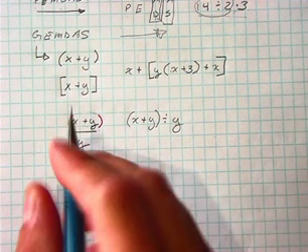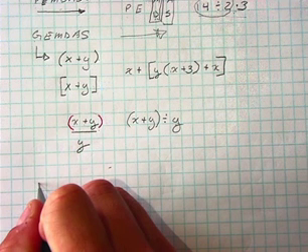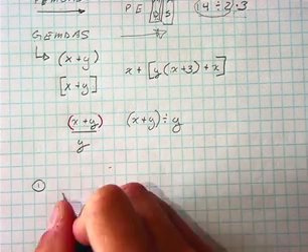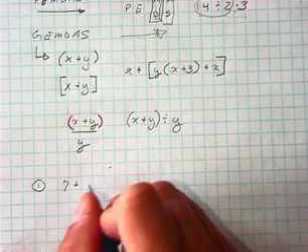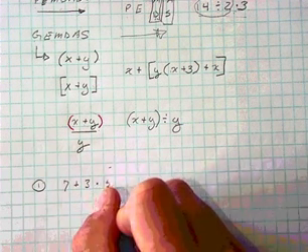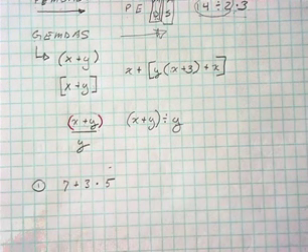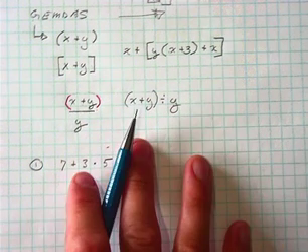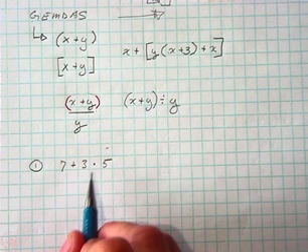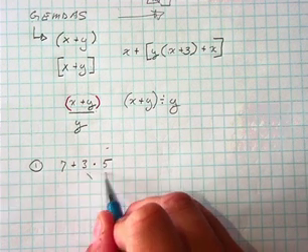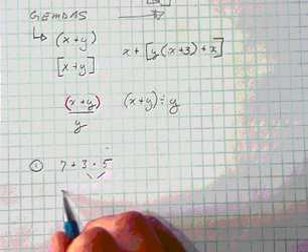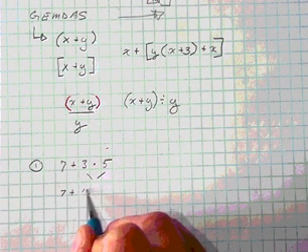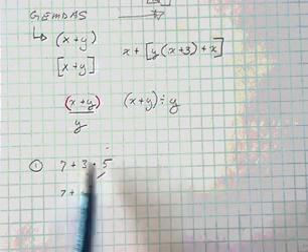All right, I've got 5 examples. Here's our first one. 7 plus 3 times 5. Order of operations. Got to do my multiplication before my addition. Multiply those. 7 plus 15. Do not try to do all of this in your head.